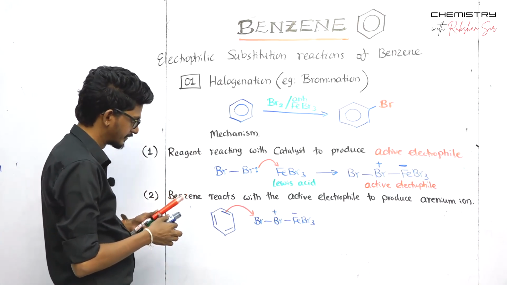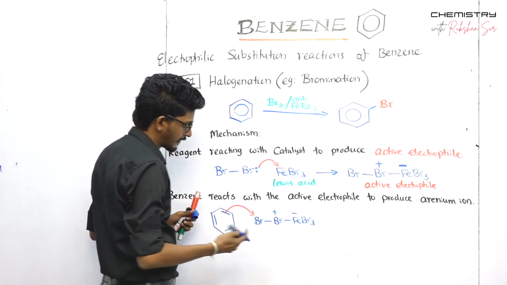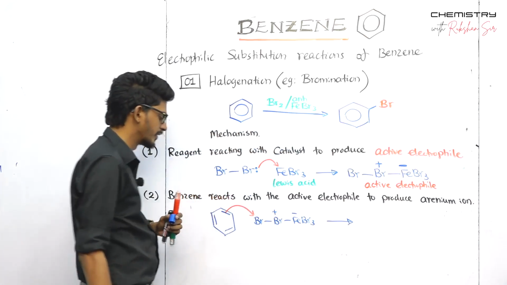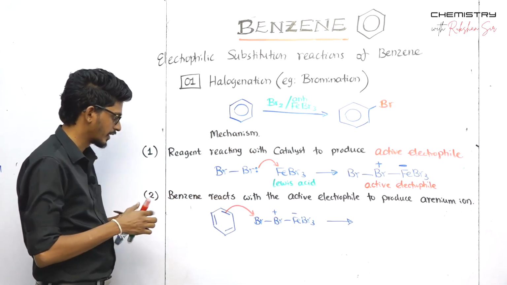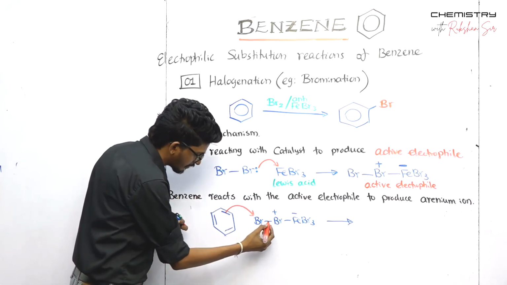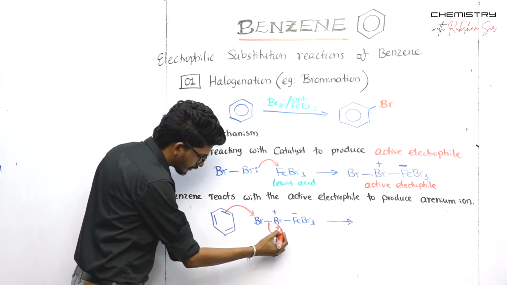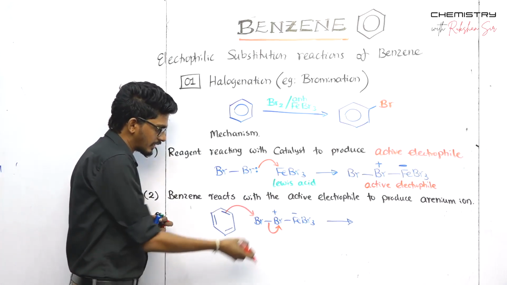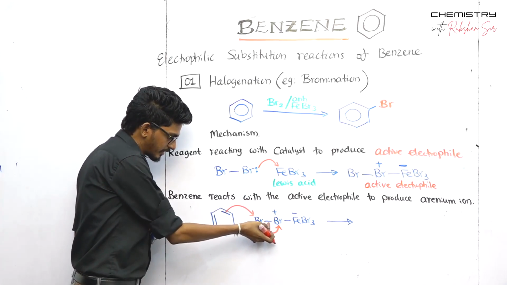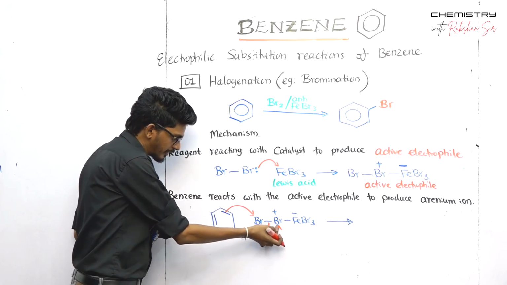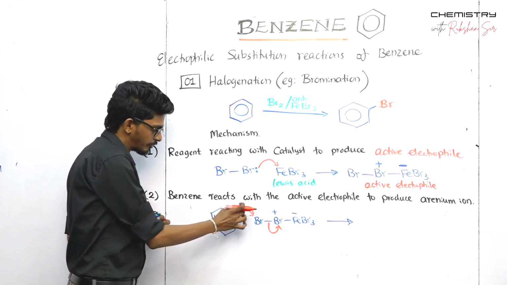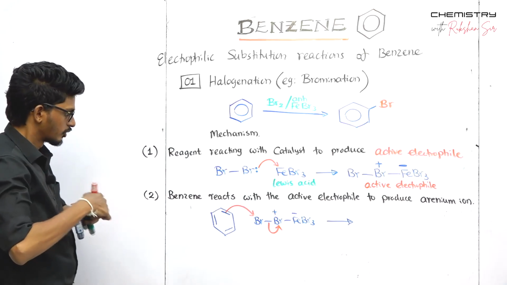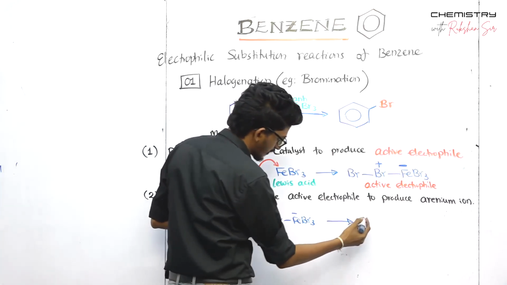So what will happen then? After this electronic movement, Br will leave its electrons. When this attack happens, Br will leave this electron pair to Br plus, because when this bond is formed, this bond is left. So you will come up with this compound.